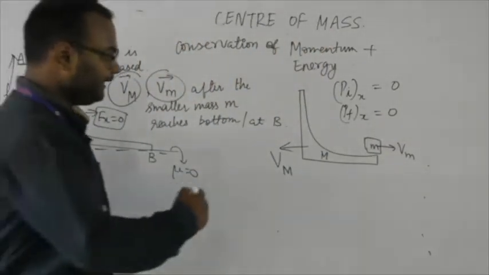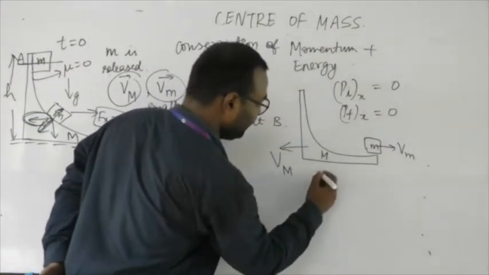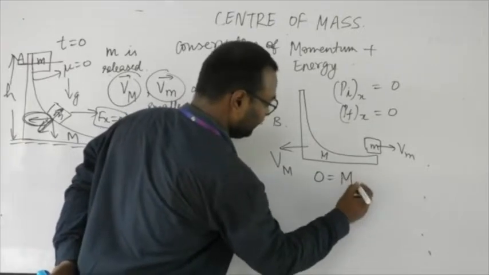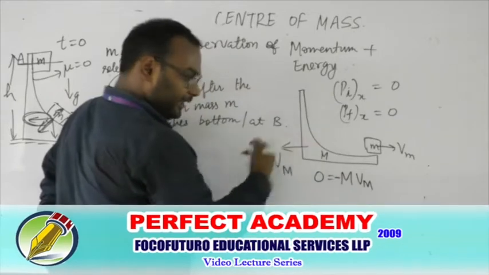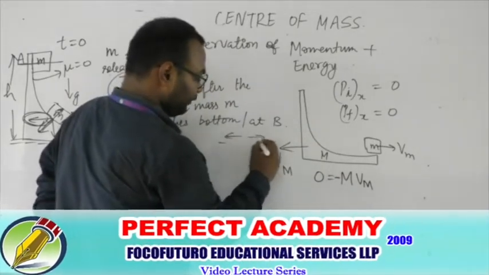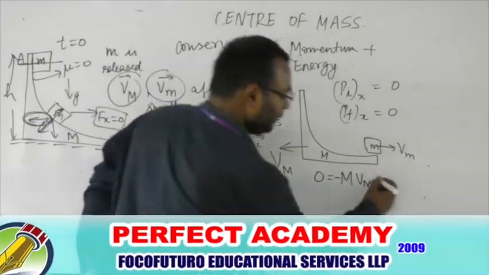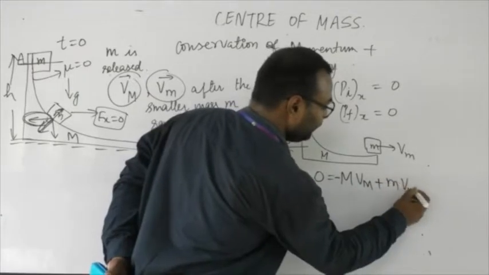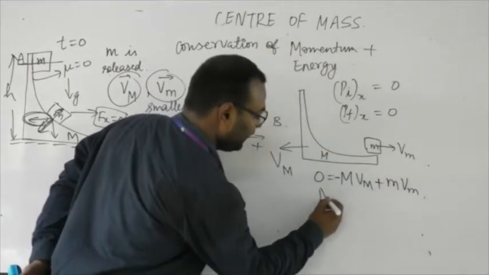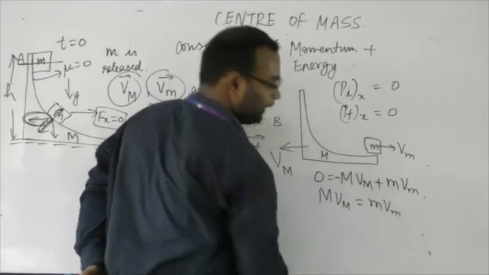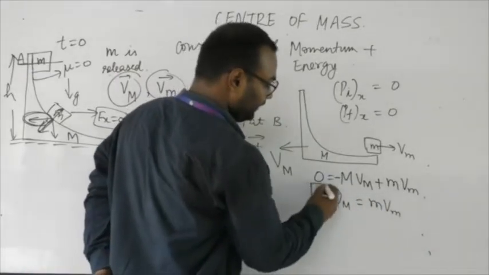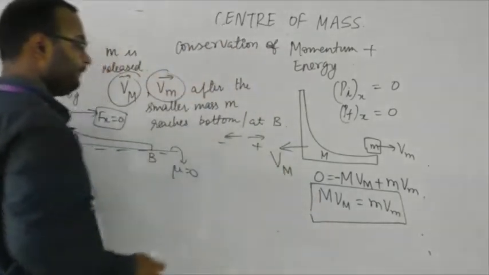From this we can write 0 equals mass of wedge, velocity of wedge with a minus sign, because I am taking this as minus and this as plus, plus m into v_m. That means M V_M equals m v_m. This is one relation that you have found.